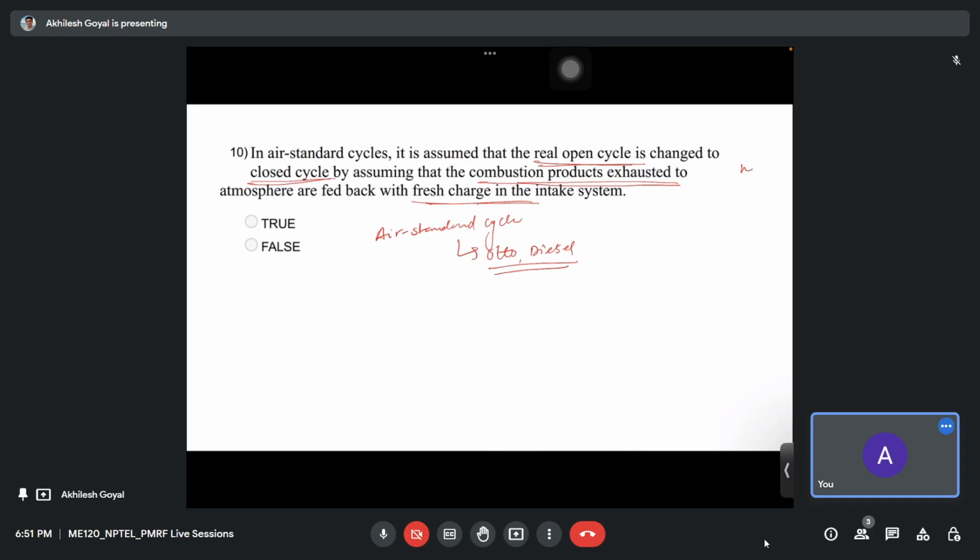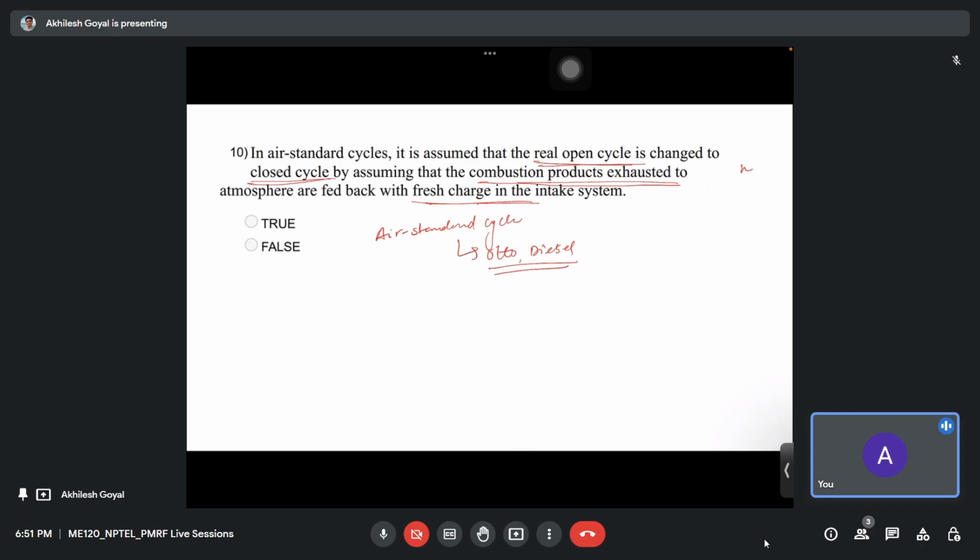So all these cycles are open cycles, they are not closed cycles. And even if we want to make them closed cycles, we cannot do that, because after the combustion, this air plus fuel mixture goes through a permanent change in chemical composition. So these combustion products cannot be brought back to the original air plus fuel mixture in any way.